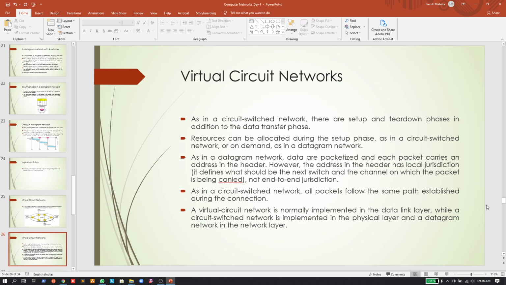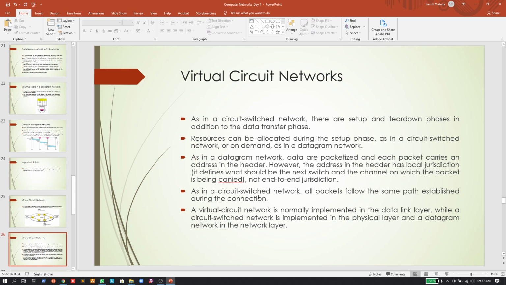But if a packet contains the address of the next switch, we call it a local address, or local jurisdiction. It defines what should be the next switch and the channel on which the packet is being carried, not end-to-end jurisdiction. End-to-end jurisdiction means the global addressing scheme, and local jurisdiction means the local addressing scheme. How this works, we will see in the later half of the slides.